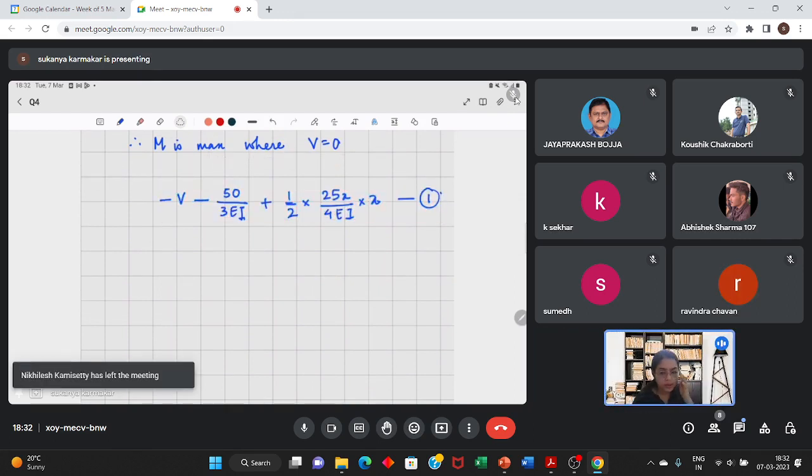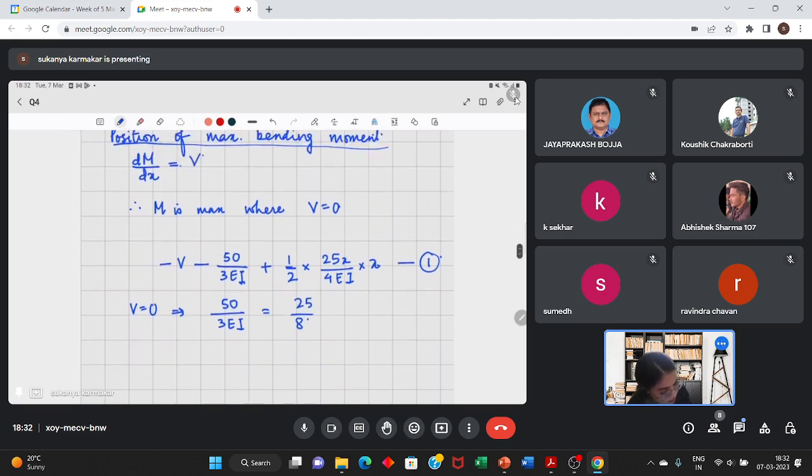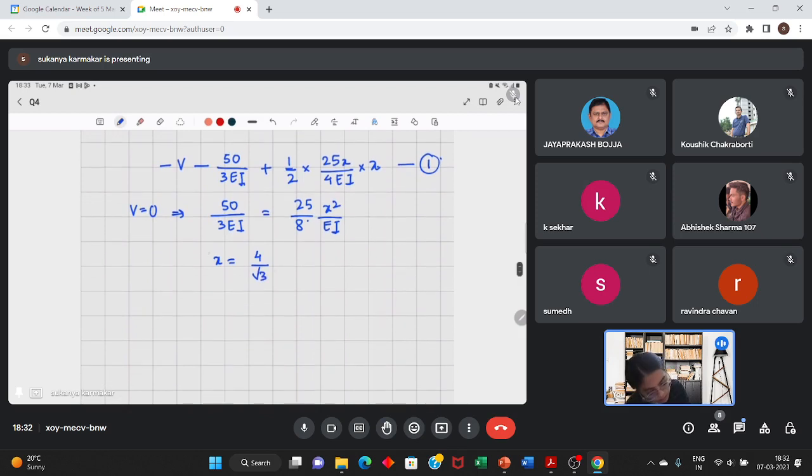So in this equation, put V is equal to 0. So 50 by 3 EI is equal to 25 divided by 8 x square by EI. So from here, x is equal to 4 by root 3. Okay, so this is the point where bending moment will be maximum.